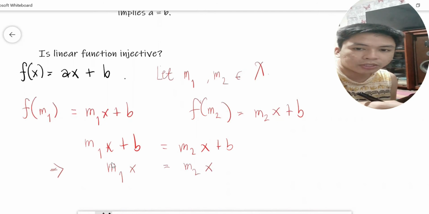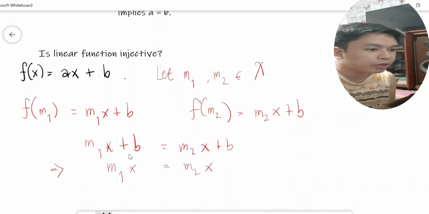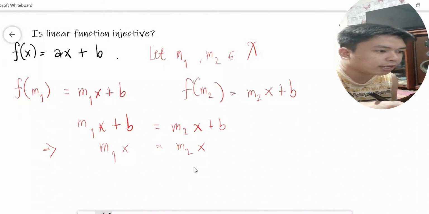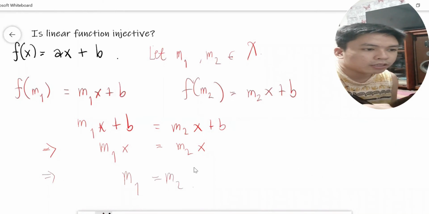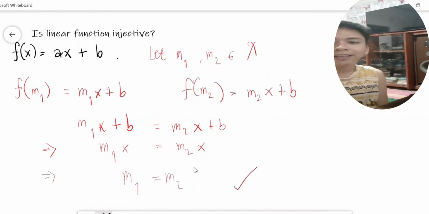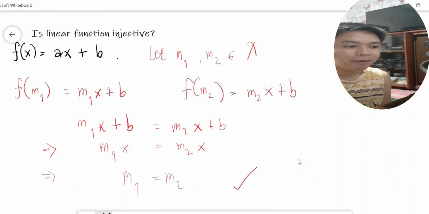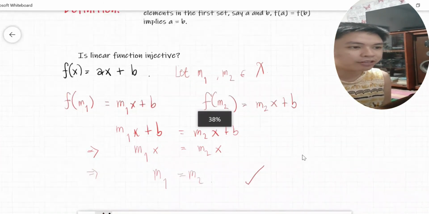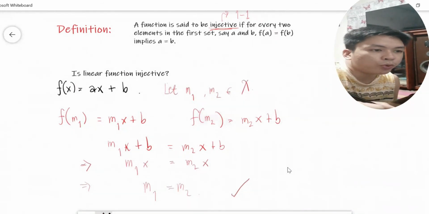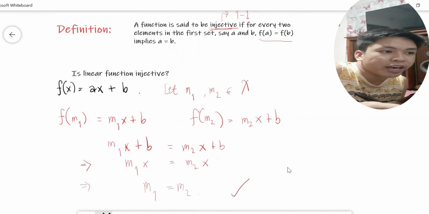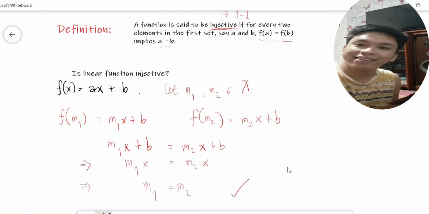Here x is an element of the real numbers, and provided x is not 0, I can divide both sides by x. I'll get m1 equals m2. And so linear functions are one-to-one or injective, because we are following the definition that if we assume f of a equals f of b, we should have the result a equals b. That's it.